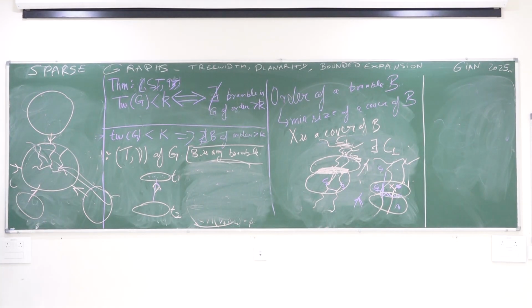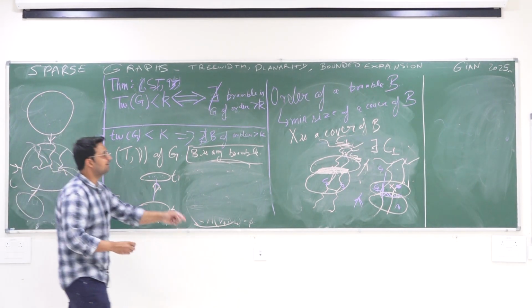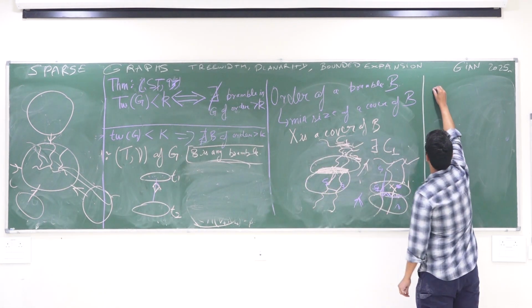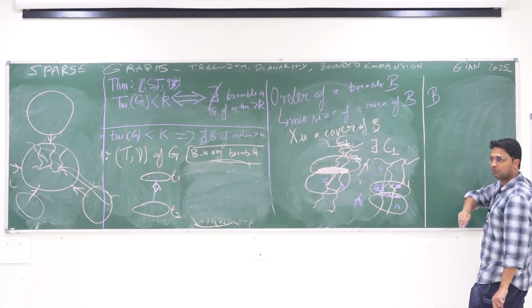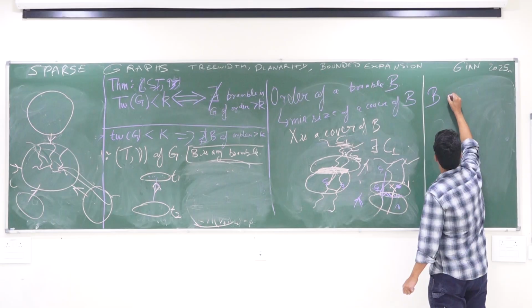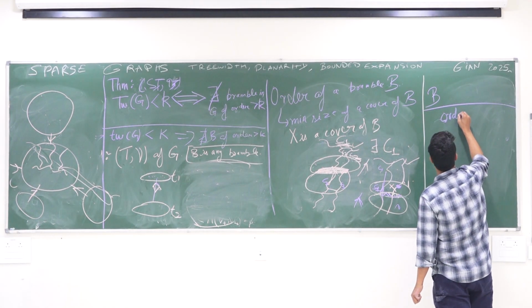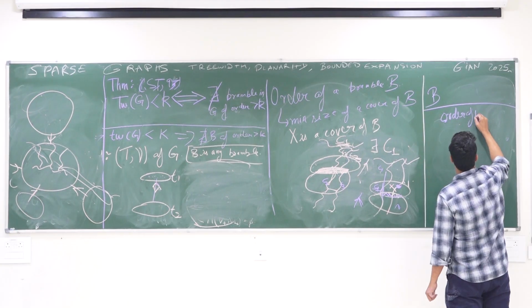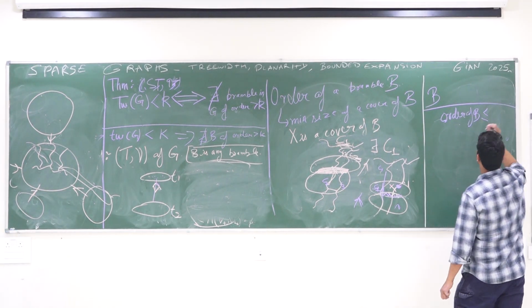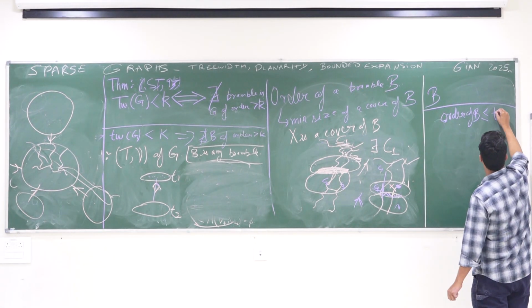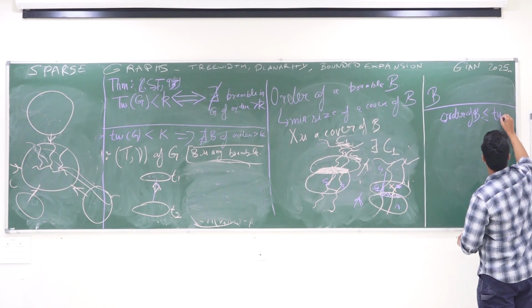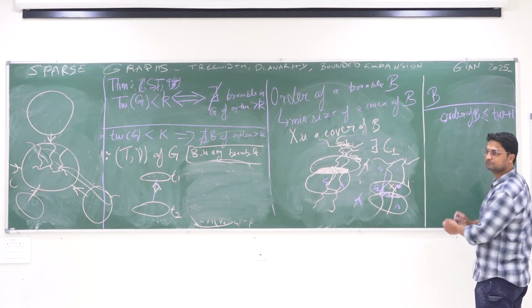Then that bag is a cover and the size of the bag is tree width plus 1. So you take any bramble of your graph, the order of my bramble B is less than or equal to tree width plus 1.